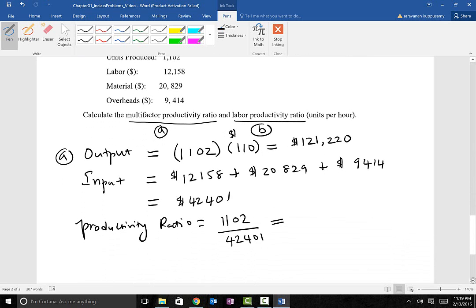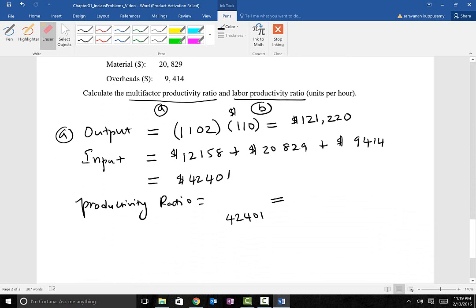Once you have that, you can go back and use this number in the output. The ratio amounts to 2.859. What this 2.859 stands for is that if you invest $1 in this particular company, you would be able to generate $2.859. So that is the interpretation of that number.